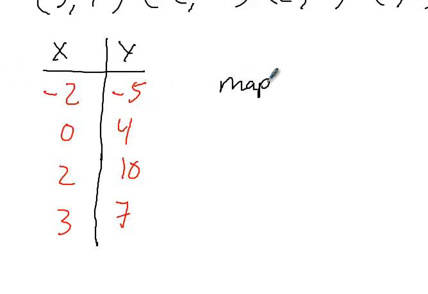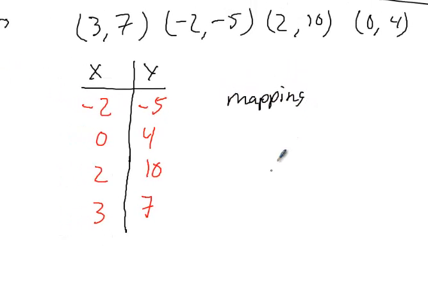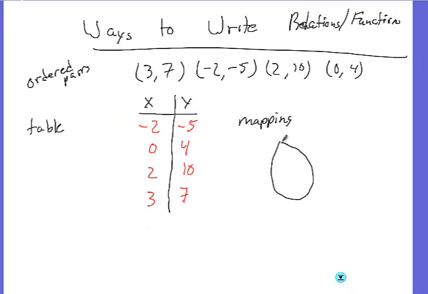The next way is called mapping. Okay, basically, you put your x's in one big bubble, your y's in another big bubble, and you list them from, again, least to greatest. So it's -2, 0, 2, 3. Then it goes -5, 4, 7, 10.